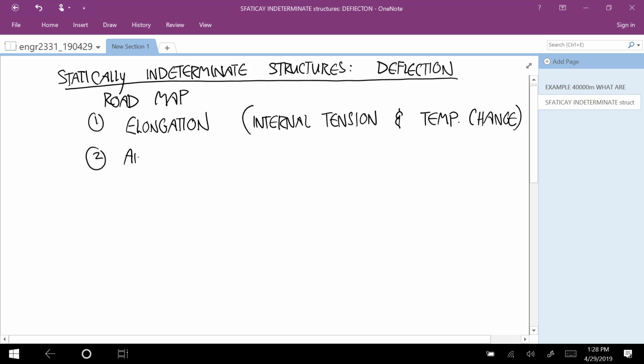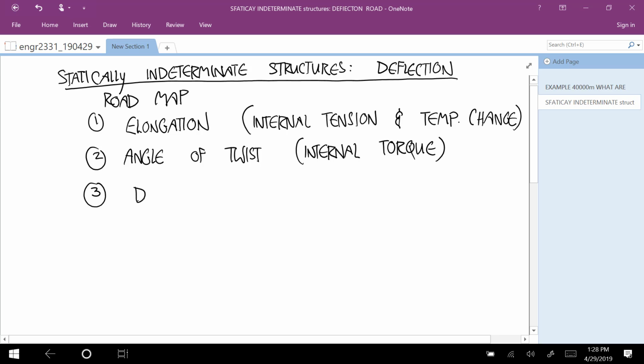Second is angle of twist. That's due to internal torque. And then the third one is deflection. And that's due to bending moment.